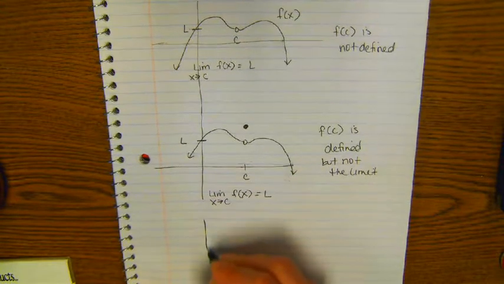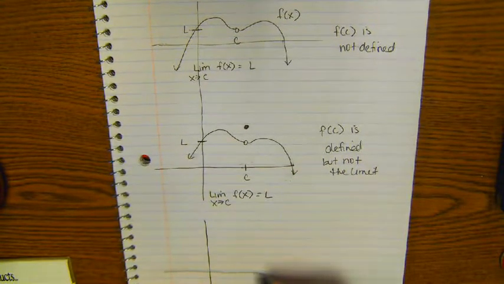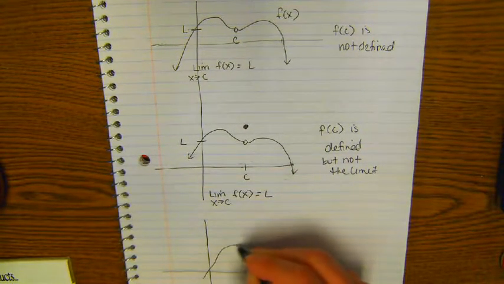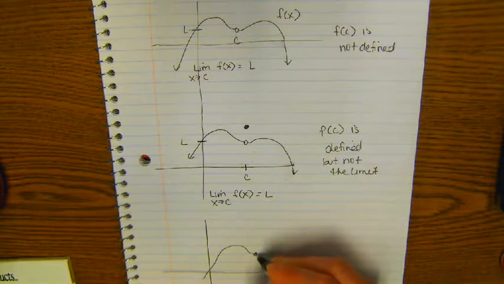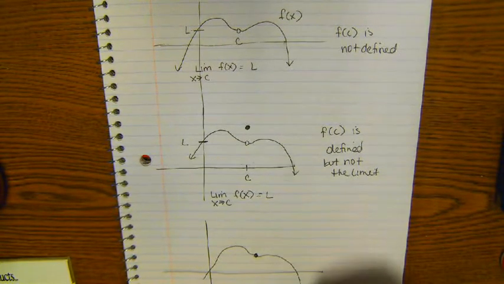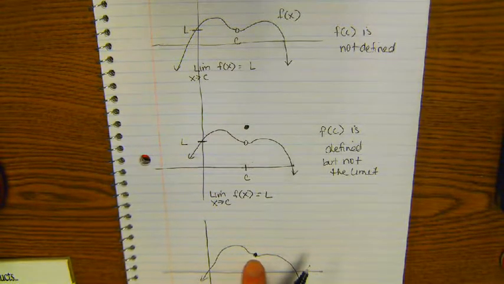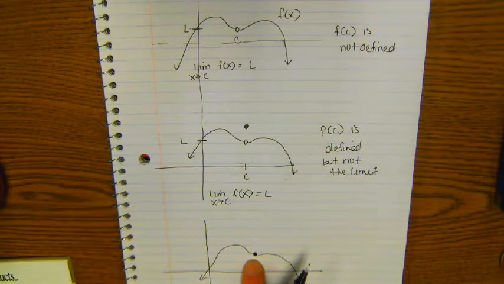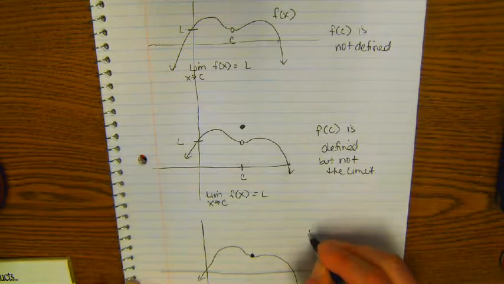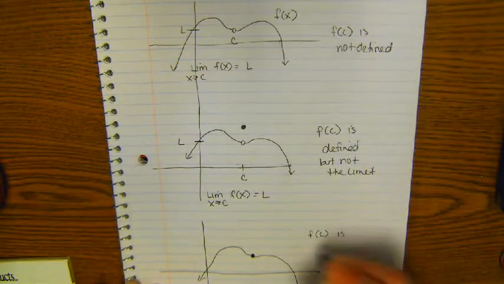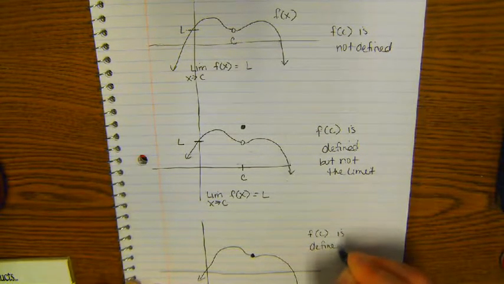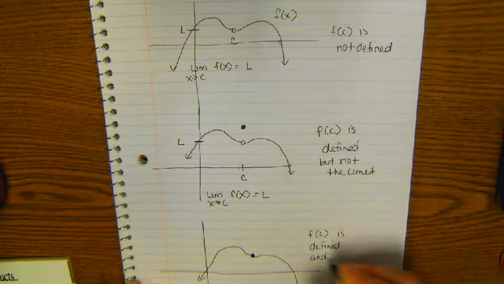And then the last one, let's try to draw a picture again, same thing. And this time, I'm going to fill in the hole, okay? If the defined value is the same as what they approach, then it is the limit. So I'm going to say f of c is defined and is the limit.